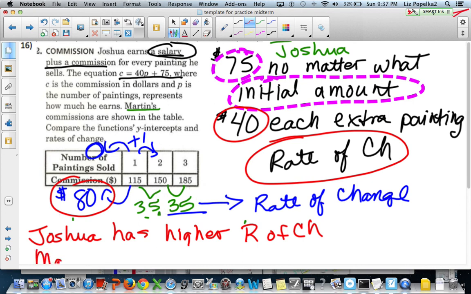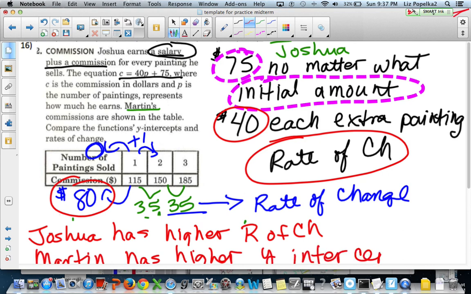But Martin has a higher Y-intercept. Remember, Y-intercept also means initial amount, because Martin's initial amount is 80, whereas Joshua's initial amount is only 75.